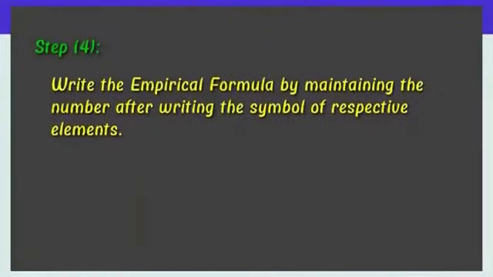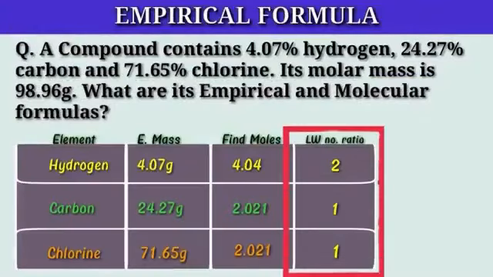Our empirical formula will be written as H2CCl, or you can start with the elements in the order that you want. But if you want to use that order, it's also okay, and that will be our empirical formula.